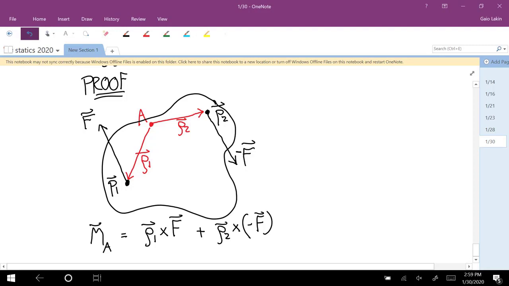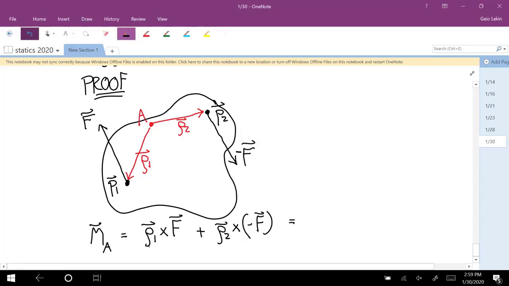Well, we haven't seen it yet, but what are we looking for to prove that it doesn't depend on where A is? What we're going to see is that the components of A are just going to disappear from the calculation. Okay, so to start with, they're in there.